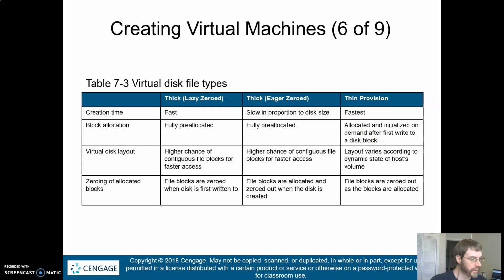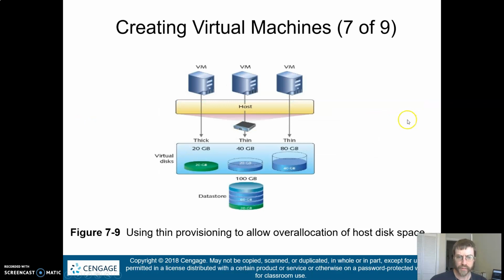Good, good. Okay, so we've got your options here. This is basically a graphical view of what we've just discussed. So your thin provisioned is 80 gigs, but only 40 in use. This is also thin provisioned. A thin provision is 40 gigs, but only 20 in use. Your thick provision is 20 gigs, all in use, and all of it comes out of this 100 gig data store.